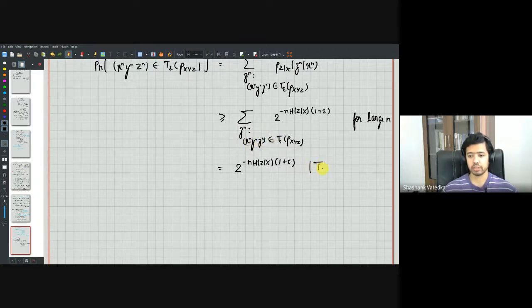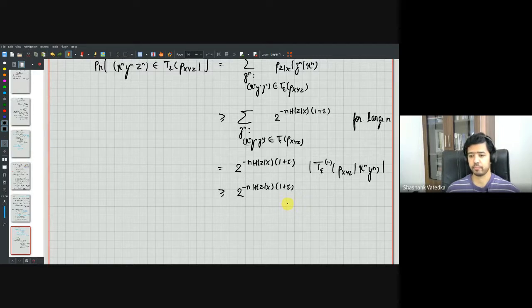So you just get the size of the typical set of p x, y, z given xn and yn. Now do we have a lower bound for this size? So what will this be? 2 to the n times?